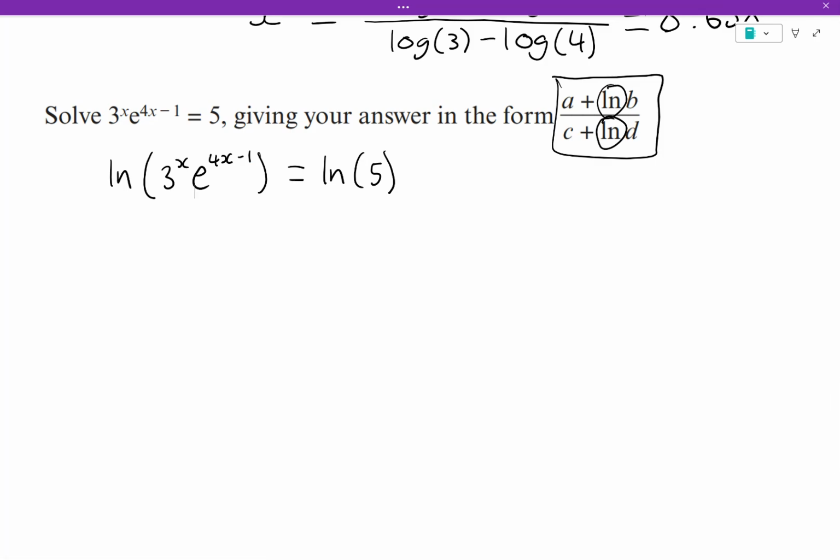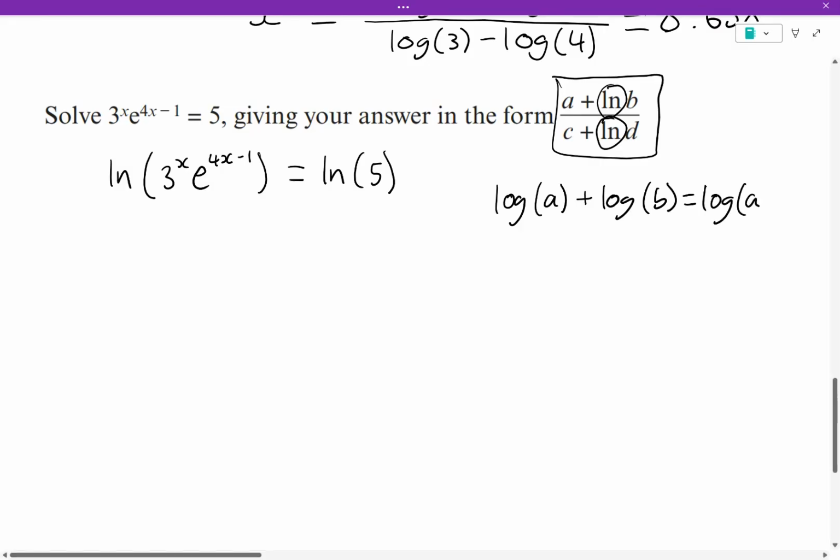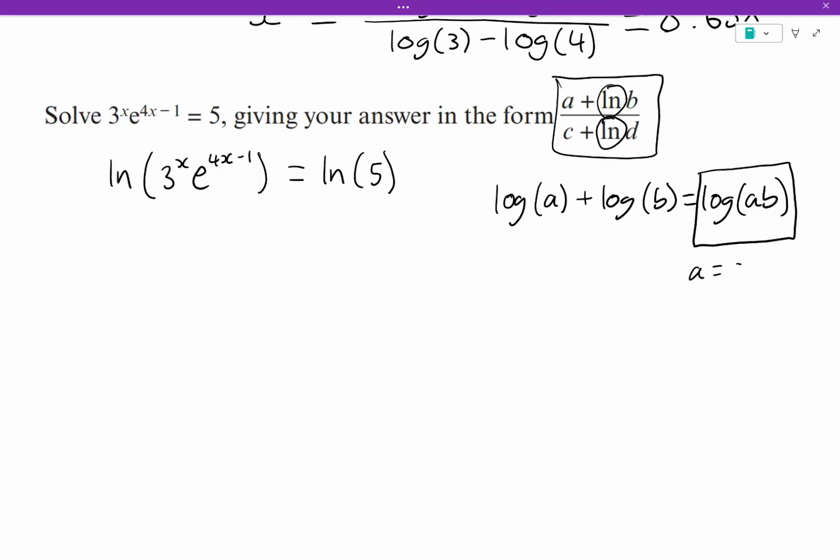To do that, we can use our addition law of logarithms in reverse. So if we have log of a plus log of b, that would be equal to log of a multiplied by b. The current scenario we have is a logarithm of a product. Our a in this case is 3 to the power of x, and our b is the e to the power of 4x subtract 1.